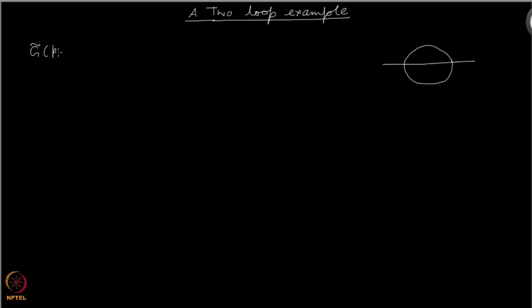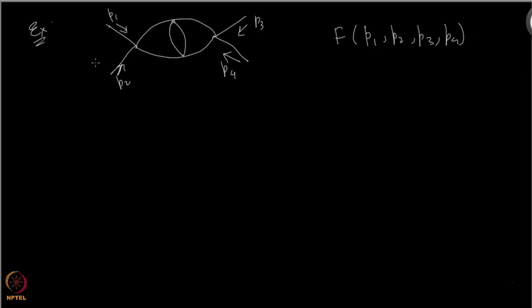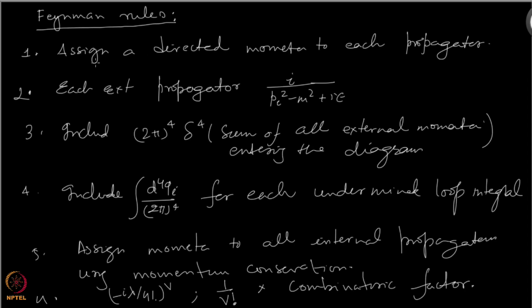G tilde P1 P2. Okay, so I have momenta P1 and momenta P2. Everything is going into the diagram, and I want to write down the expression for it. If I use the Feynman rules that we derived earlier, I should include such a factor for each external propagator.